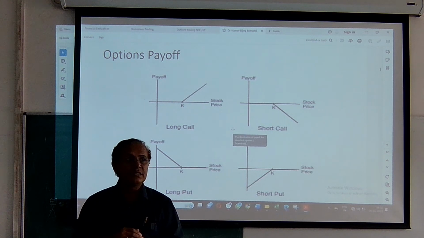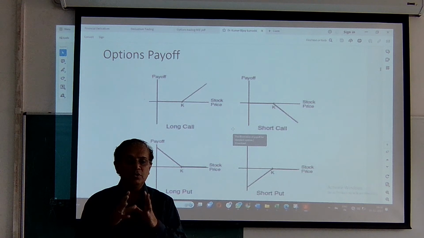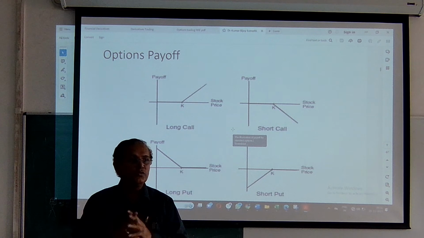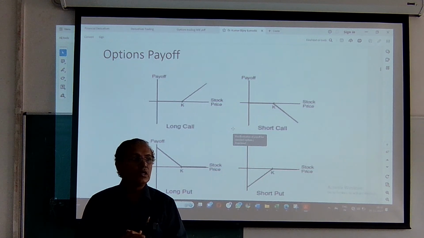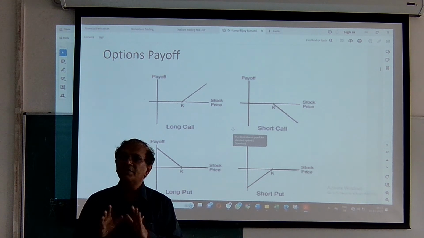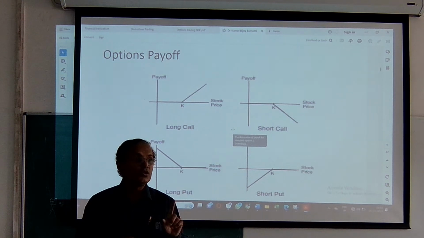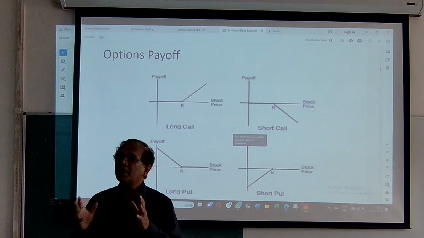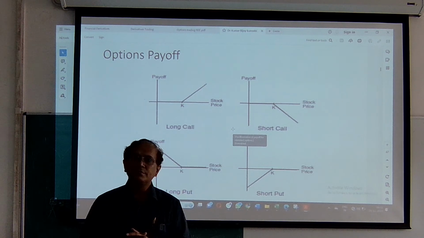And once you book this, now if dollar moves beyond that, you are free to exercise your position, your options, and you will receive dollar at 83.56. That is your strike price at which you have entered into the options contract.